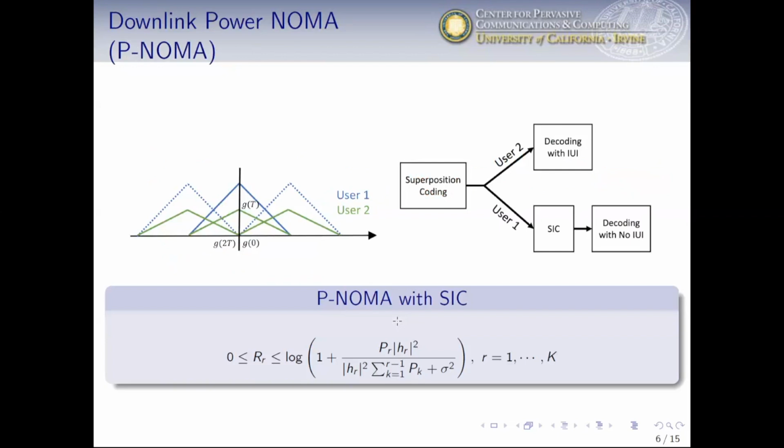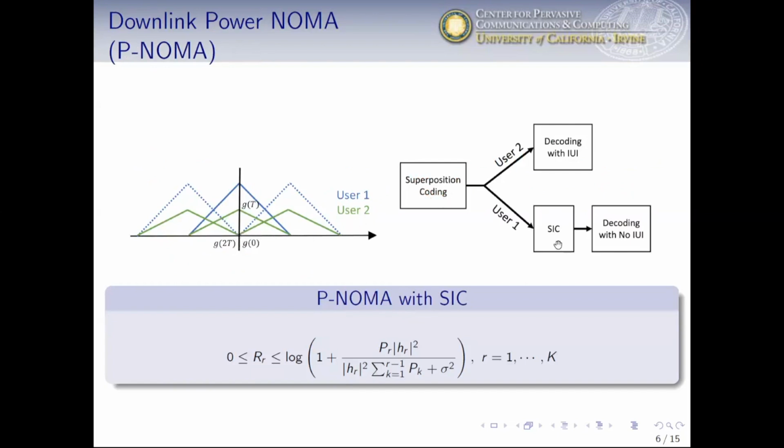Here, I show a simple example of power NOMA for two users, in which we superpose the symbols of the two users by allocating different powers.